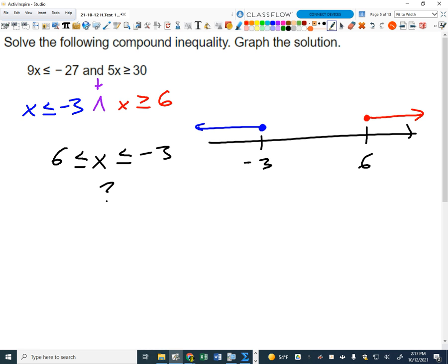And for an AND statement to be true, how many of those solutions have to be true at the same time? Both, right? If I asked you if you have a dog and a cat, you could only raise your hand if both of those statements were true. I have a dog and I have a cat, right? So that's got to be an intersection. And there is no intersection. There's no place where that is both red and blue. So what's the answer to this one? No solution. Okay?